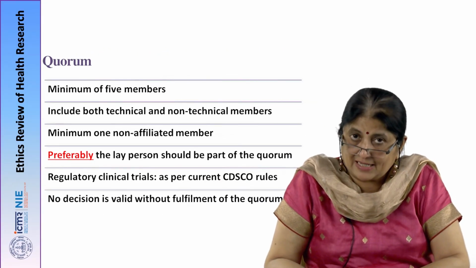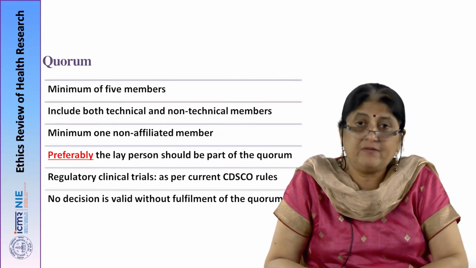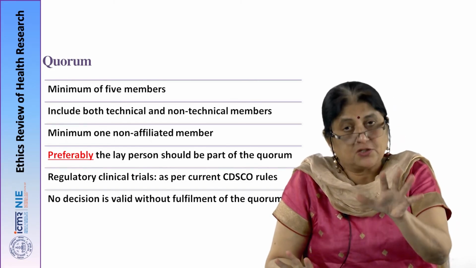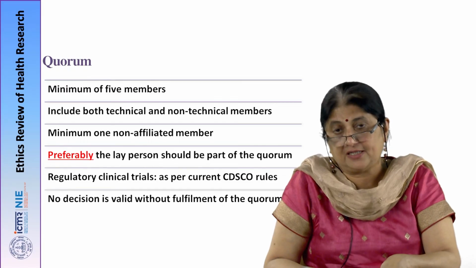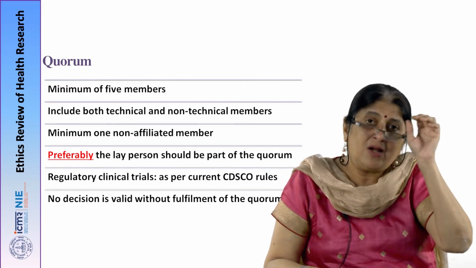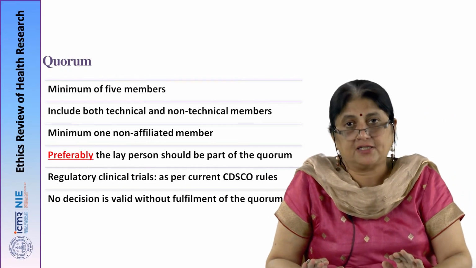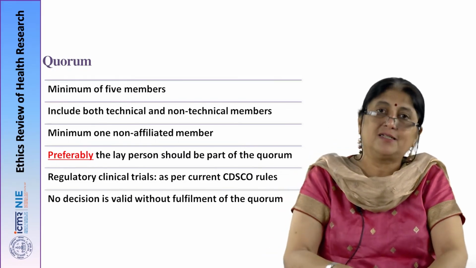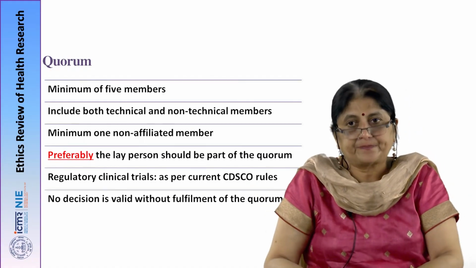The new ICMR guidelines specify that you have to have a minimum of 5 members as your quorum, but this has to be defined. Whatsoever you decide, this has to be defined. The CDSCO has clearly in Schedule Y defined its quorum. So if you're doing regulatory studies, definitely go to that and you must follow that because that's the law.